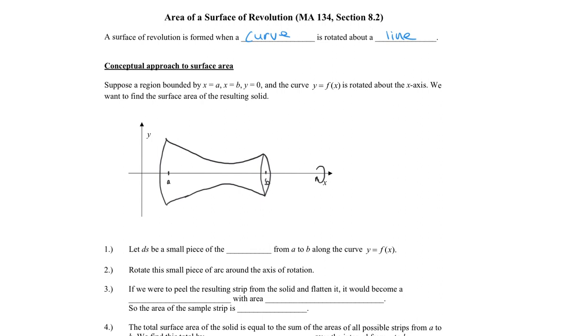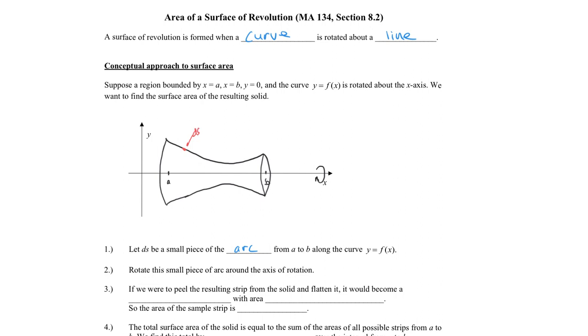Then let's let ds be a small piece of the arc from A to B along this curve. So ds will be this little piece right here.